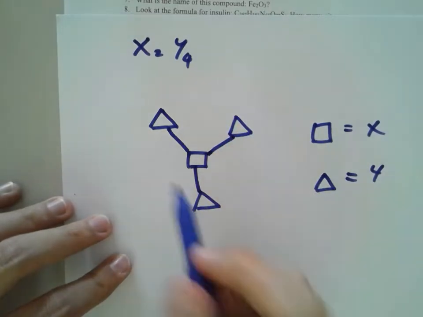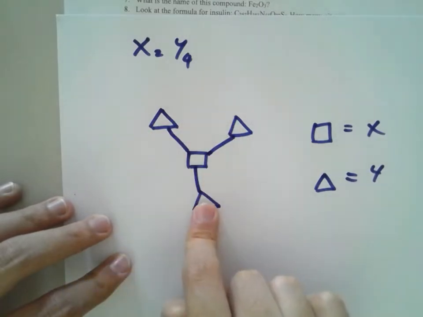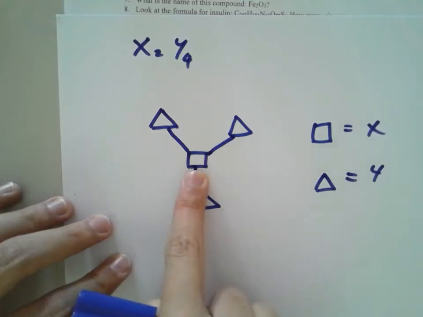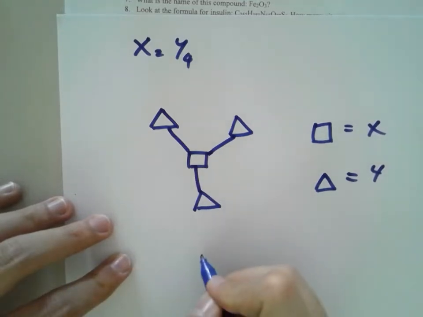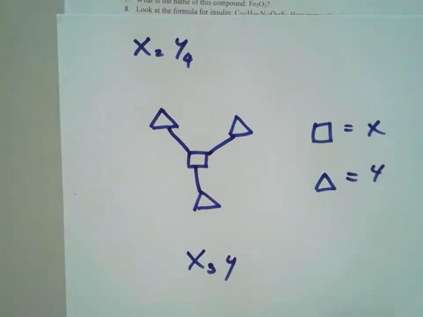So for this one, you need to count, there are 3 X's and there is 1 Y. So you can write it as X3Y, and that is your answer.